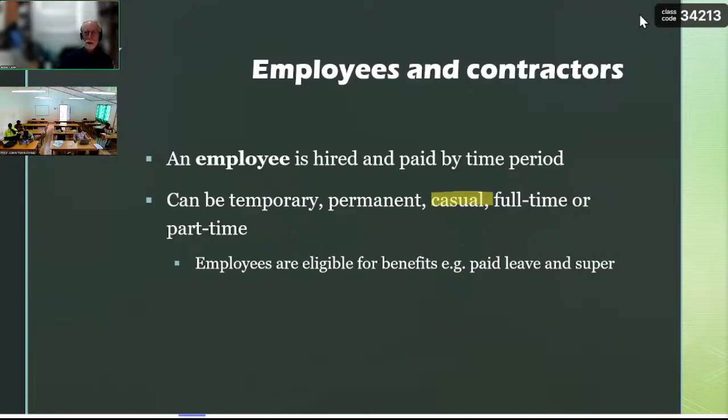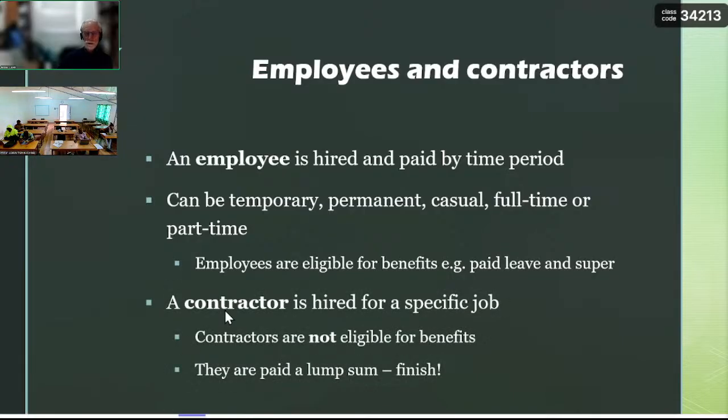So, as we were saying, you've got the different kinds of employees, but a contractor is hired for a specific job. That's the difference. So contractors don't get leave, they don't get super, they're just paid a lump sum.